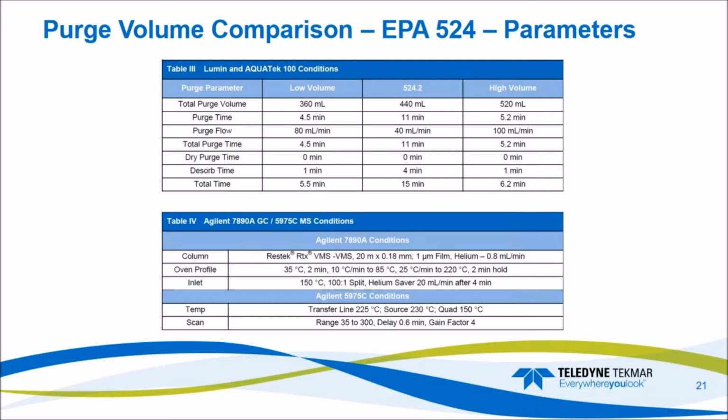I also want to point out that each method parameter has different purge times and purge flows. As you can see, the one in the middle is your pretty standard 524.2 method, while the other two on the left and right are playing with the limits of 524.3 parameters in order to decrease the time for the analysis.